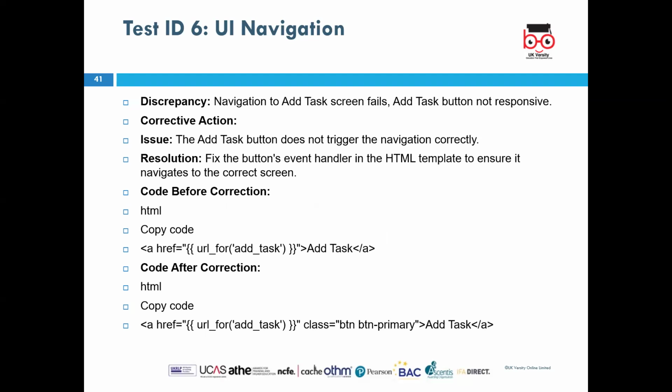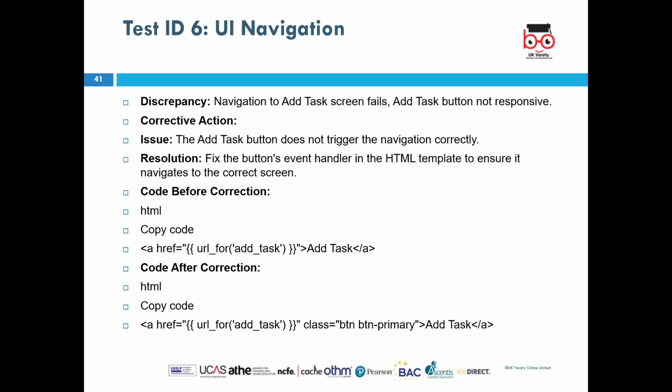In test ID 6, we're going to look into our user interface navigation. What could be the discrepancies? The navigation to the add task screen fails, and the add task button is not responsive. What could be the solution for this?